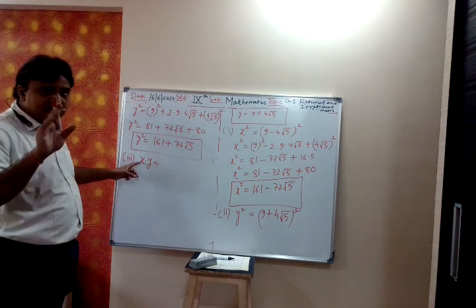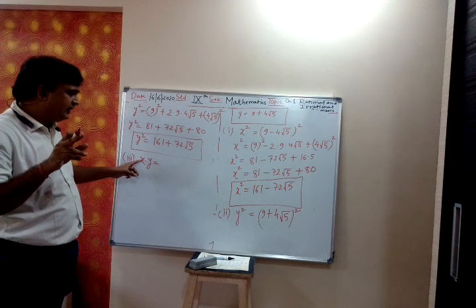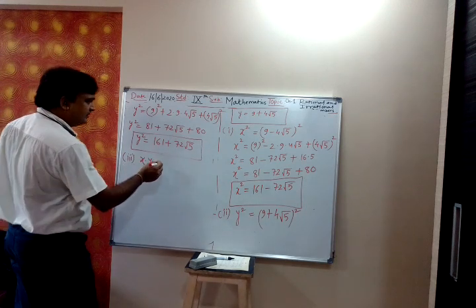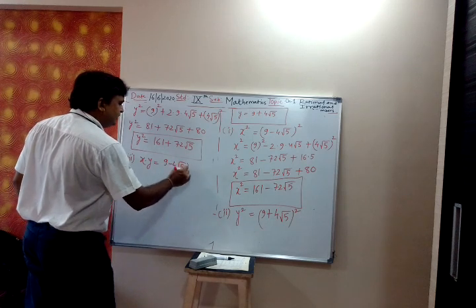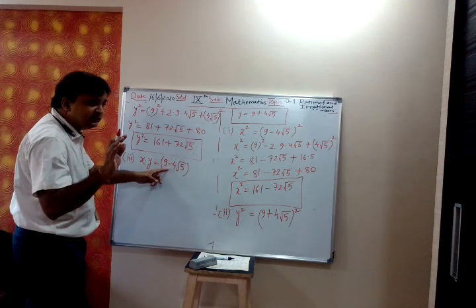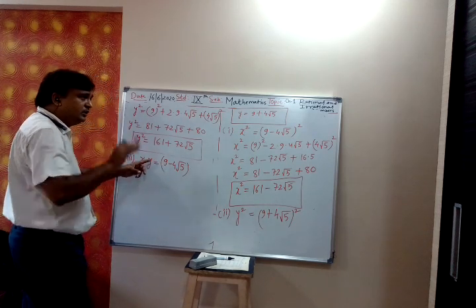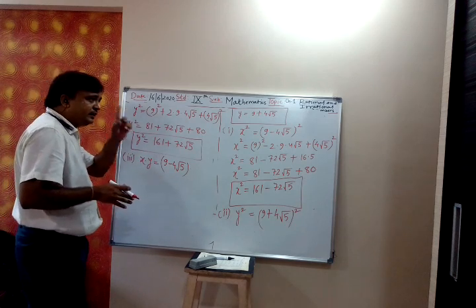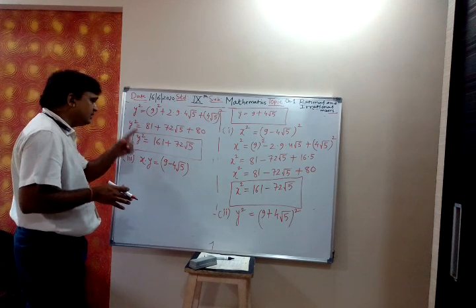In xy we multiply x and y. What is x given? 9 minus 4 root 5. We have simplified x, no? Now this value you have to take. You don't have to take the initial value given of x and y. You will take the simplified value of x and y.